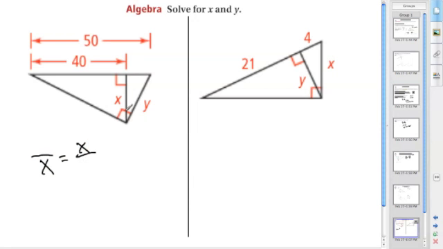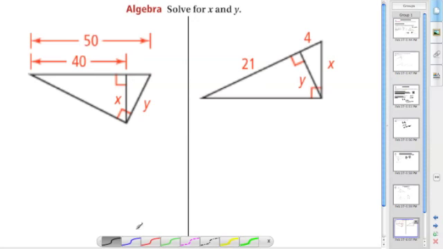This x value is getting compared to, and you have to be careful, is it in the medium triangle or is it in the small triangle? This is where I'm going to draw my triangles out.